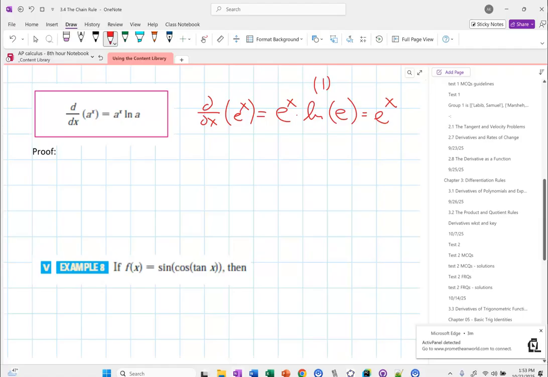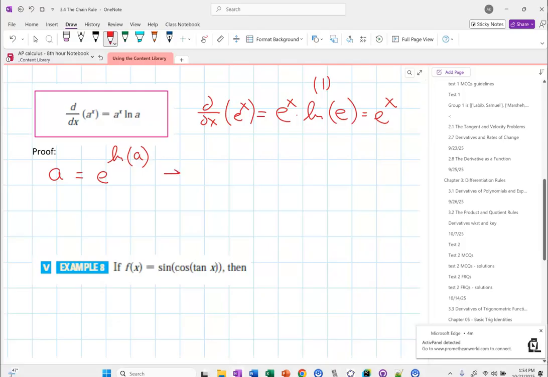So to prove this, I'm going to start by rewriting a as some power of e. Since I know how to do the derivative of e to the x, how can I rewrite a as a power of e? Log base e of a. Yeah, and log base e is just the natural log. So that works perfectly. Everybody feel good there?